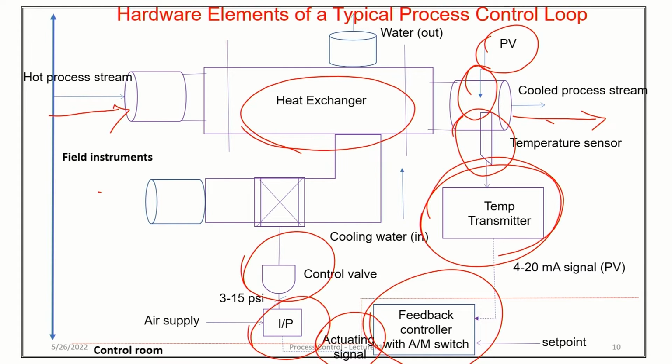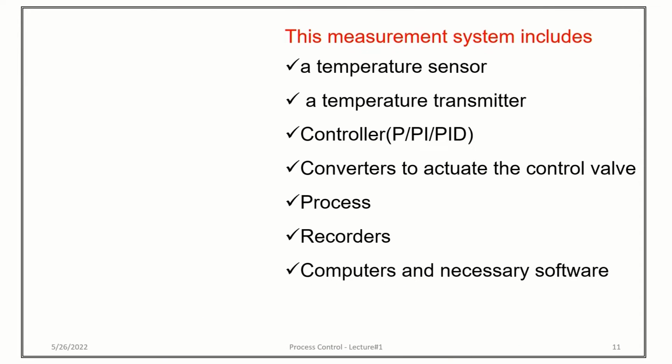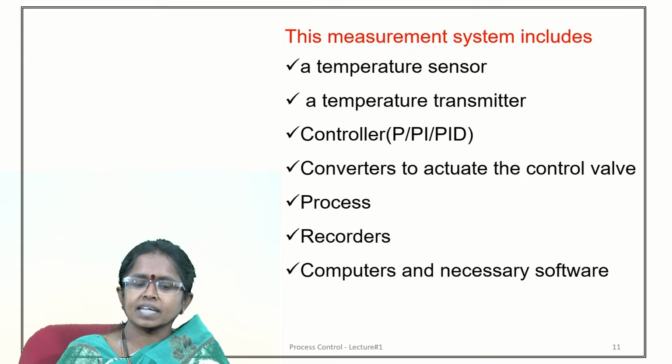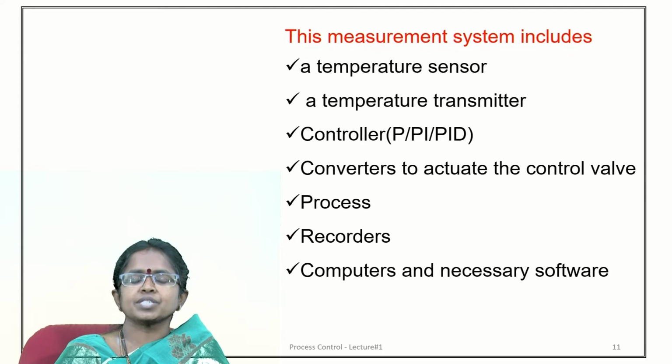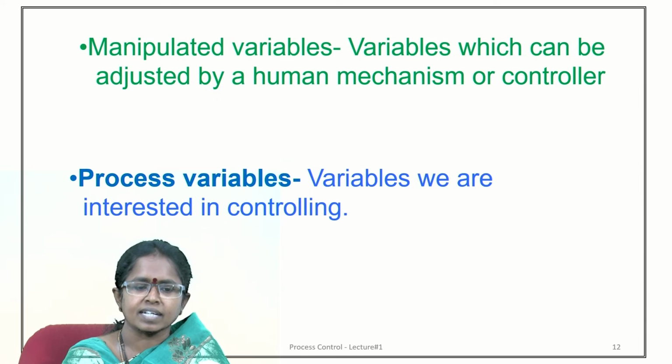So the variable we are interested in controlling is the temperature of the process steam, right. So the measurement system includes the temperature sensor, I already told you, the transmitter, controller, converters to actuate the control valve, process, recorders, computers and necessary software, right.